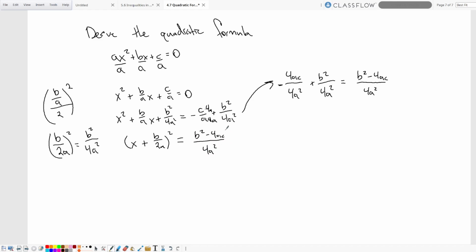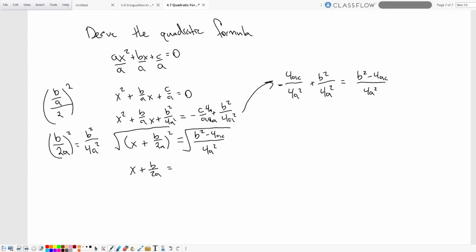The next step of completing the square is to take the square root of both sides of our equation. On the left side, we will be left with x plus b over 2a.